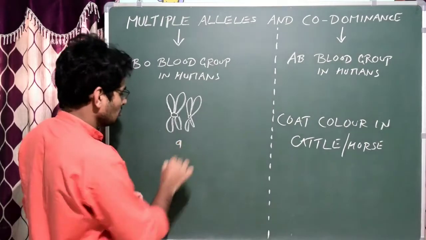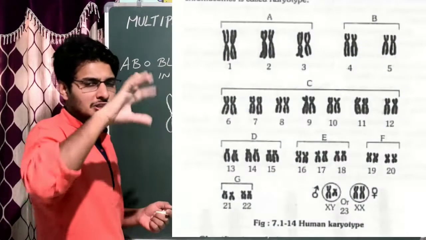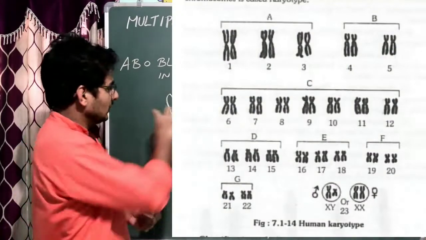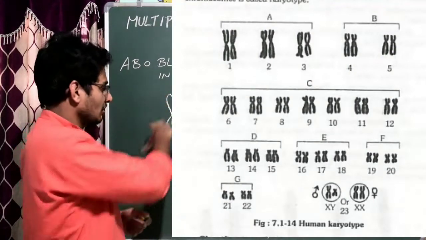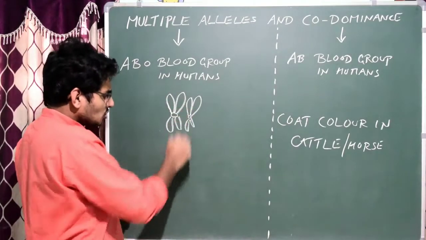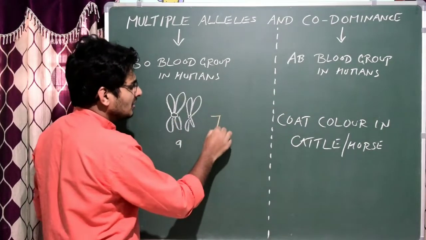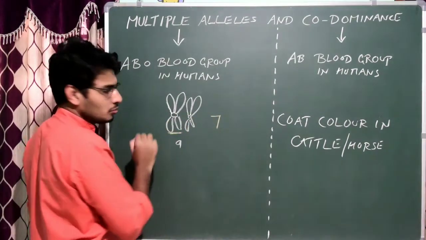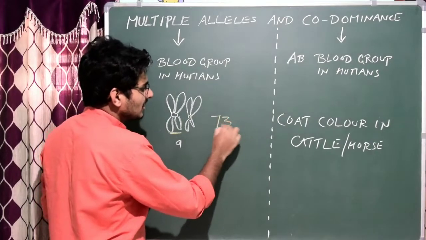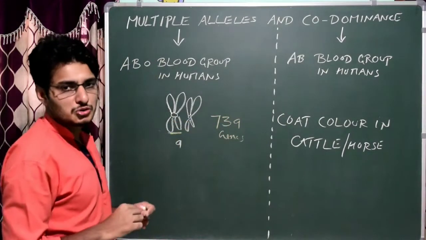So this is our chromosome 9 in the human body. Even actually I will share one picture. You just look into the karyotyping or ideogram of this chromosomal arrangement, and here this chromosome 9 in our body actually has around 700, that means I'm talking about one chromosome. So 739 genes are present within this one chromosome.